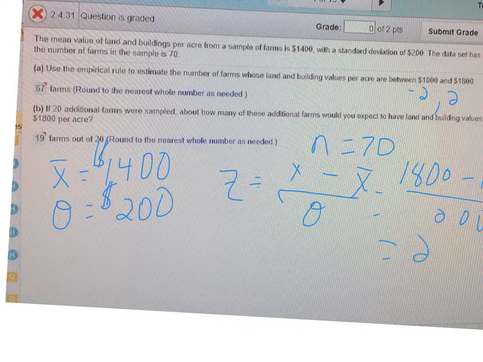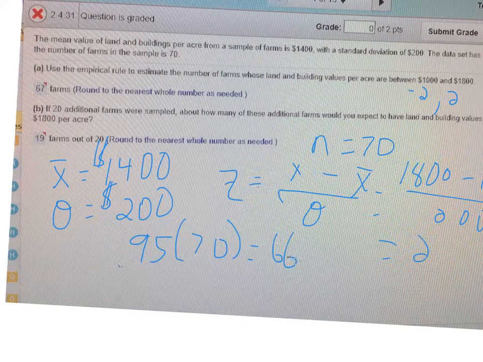You take 0.95, which you can find in the section, times 70. Let me grab my calculator. 70 times 0.95, I get 66.5, which they rounded to 67.